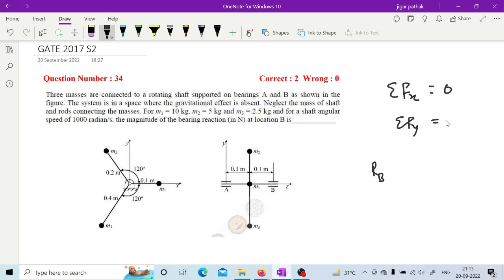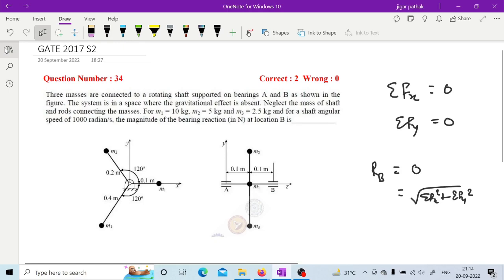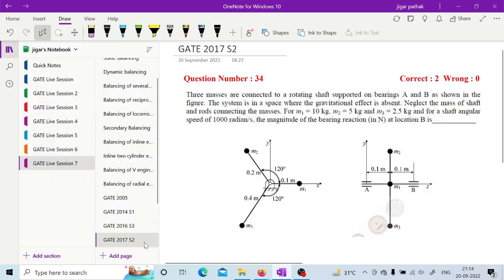Yes, it is coming 0 for both cases. When you go for sigma MR omega square cos theta and sigma MR omega square sin theta, it is coming 0. So RB will also be 0, because RB is nothing but the square root of sigma Fx squared plus sigma Fy squared. So this way you will find it 0 only.